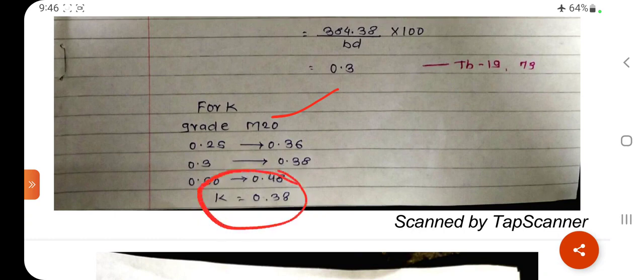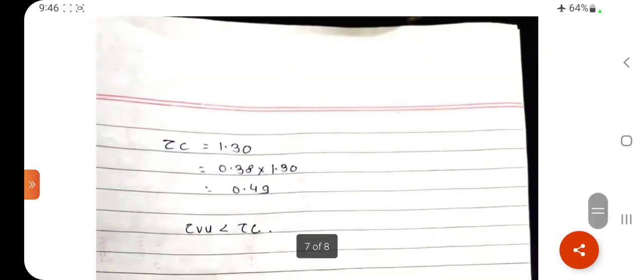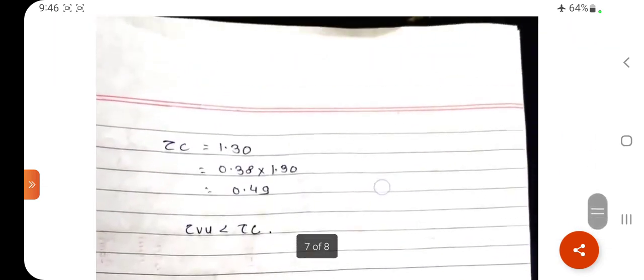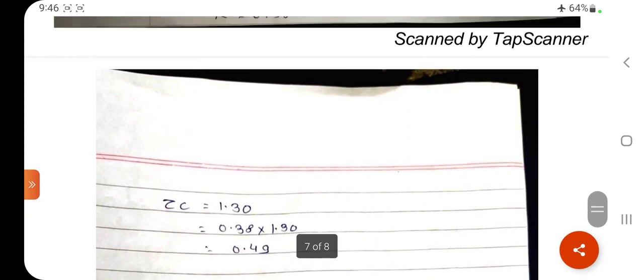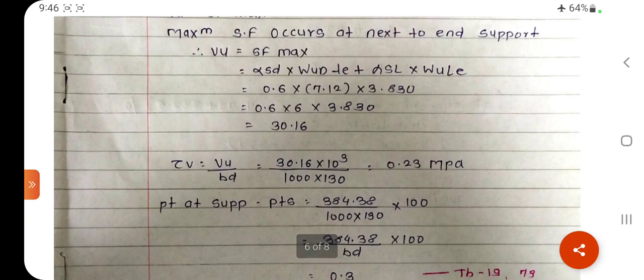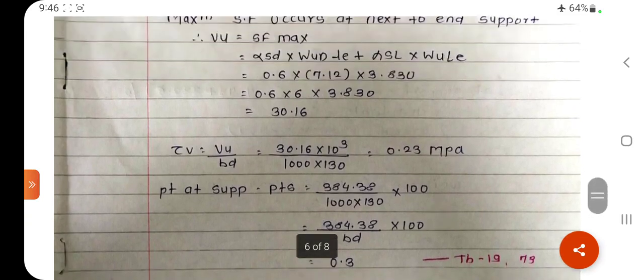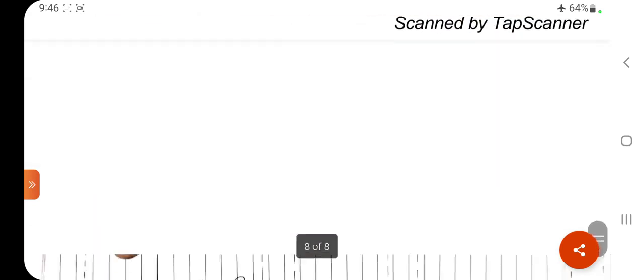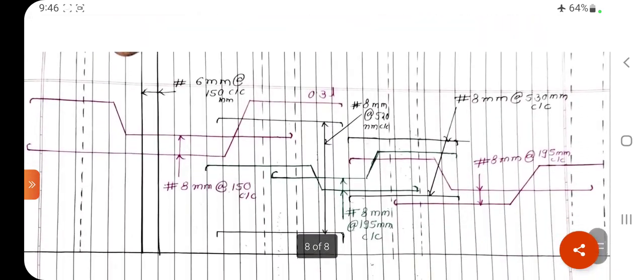So K is equals to 1.38. So K into tau C is equals to 1.38 into 0.3, and our K into tau C is greater than Vu. Therefore, our slab is safe in the shear.